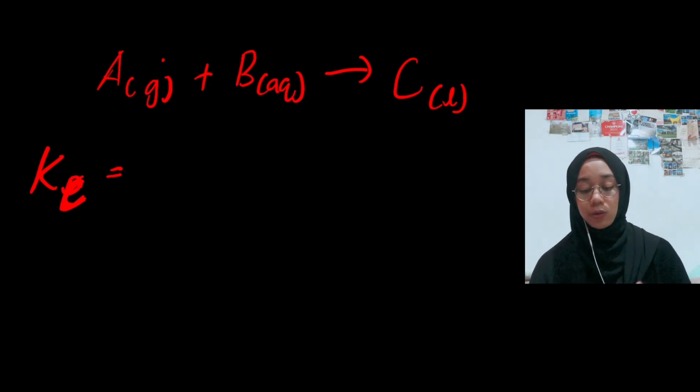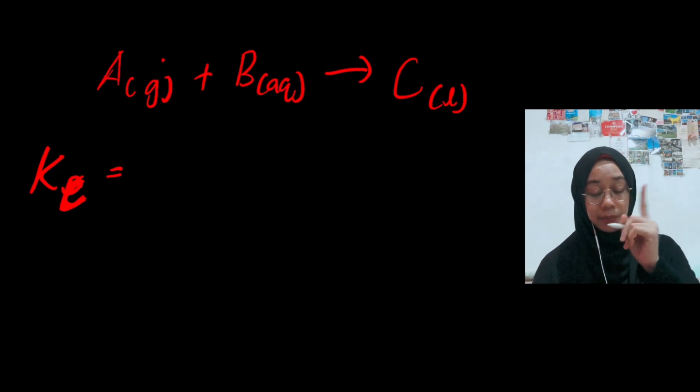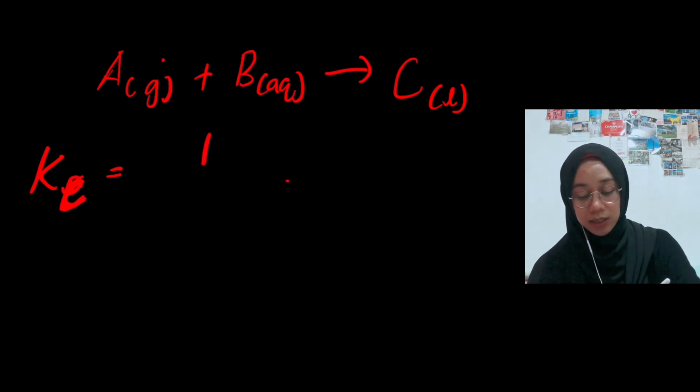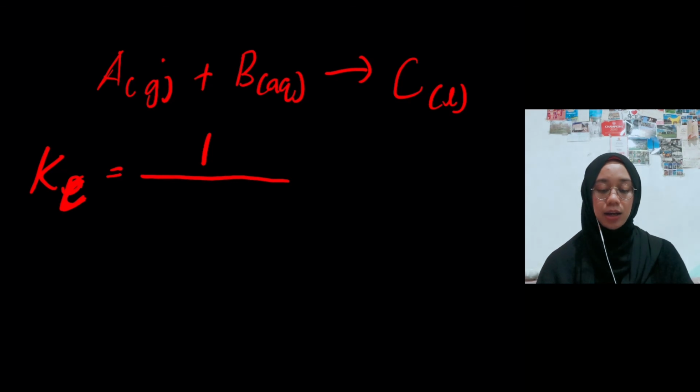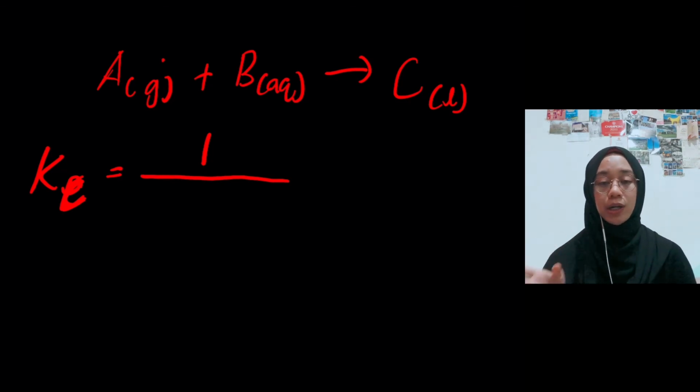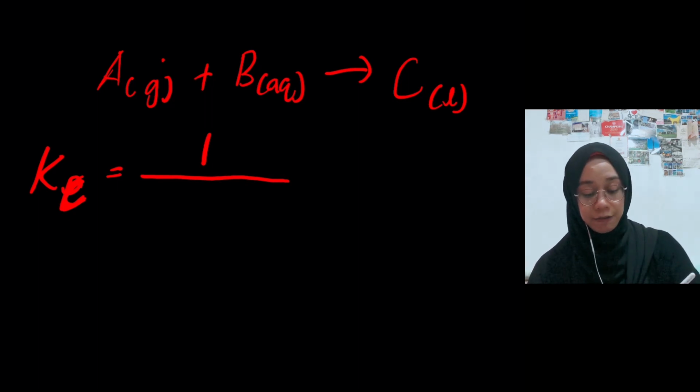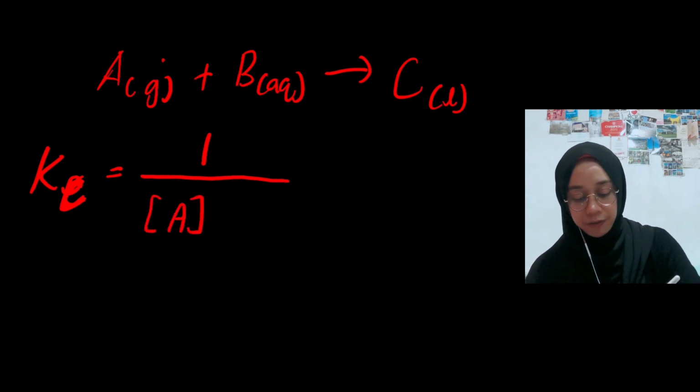So kena letak 1 ke atas ni. And then kita ada sebelah reactant pula, kita ada gas dengan aqueous. So gas dengan aqueous ni kita boleh includekan dalam Kc. Therefore kita ada concentration of A and also concentration of B.